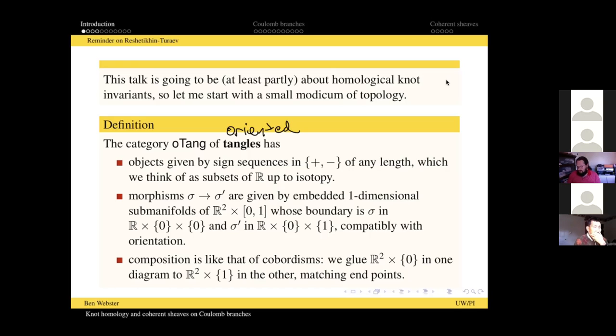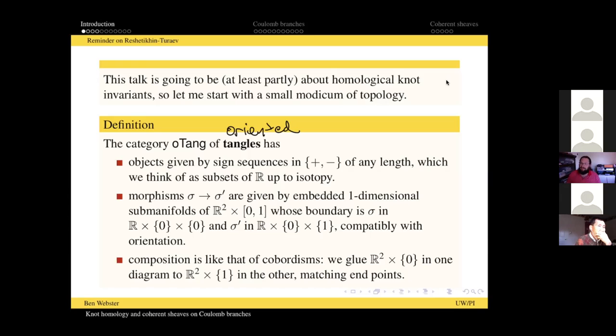The morphisms between these sequences of signs, which we think of as co-oriented submanifolds of R, are tangles: embedded one-manifolds inside a plane times an interval, which join one at the top and one at the bottom, matching orientations and doing some tangly stuff in the middle.